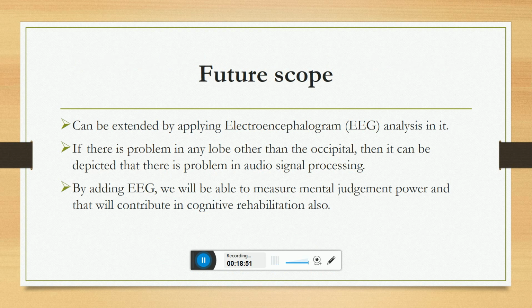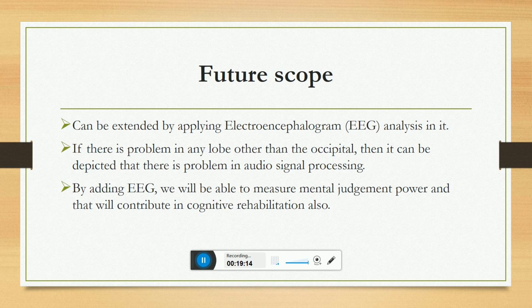Now the future scope. The proposed work can be extended by applying electroencephalogram analysis in it. The use of EEG in finding the ability of the player to follow the shortest path and measuring the actual path from the shortest path will eventually help us to detect the exact area and reason of the player's falls.